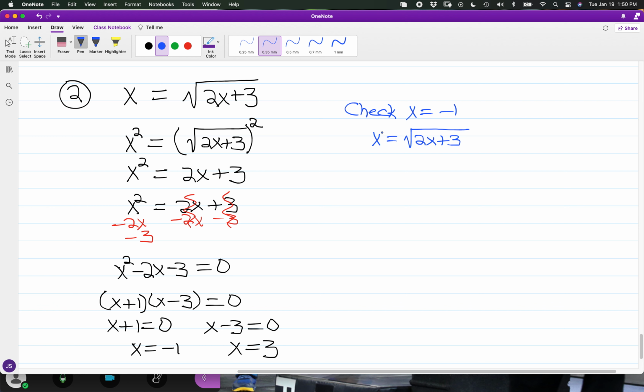So if I insert negative 1 for x, so I have negative 1 is equal to, now 2 times negative 1 is negative 2 plus 3. Negative 2 plus 3 is a positive 1. And guess what? Square root of 1 is only going to be at 1. So negative 1 does not check out.